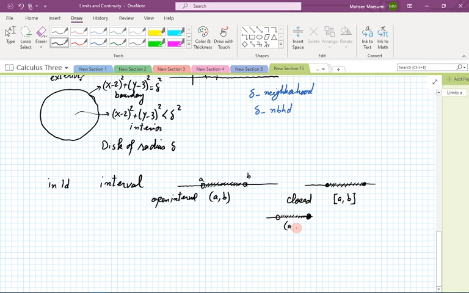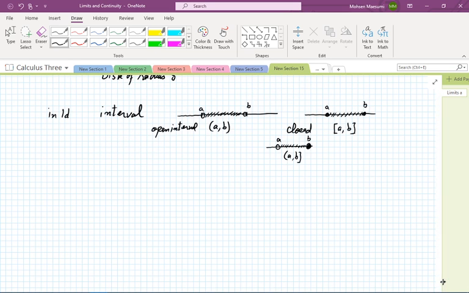So these are all A's and B's. A is excluded, B is included. No, there's no name for this thing. It's just some interval.